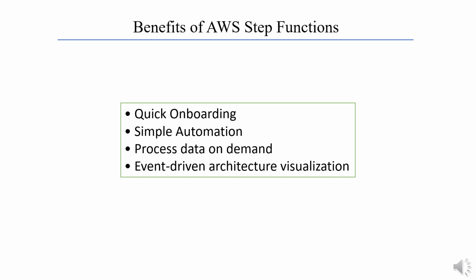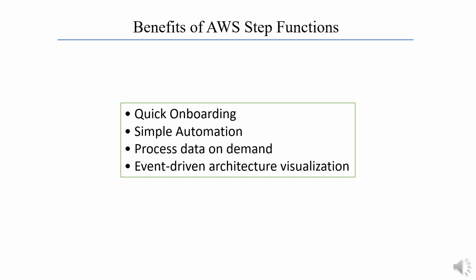Quick onboarding. You can start building quickly with Workflow Studio, a simple drag-and-drop interface for expressing complex business logic. Simple automation. You can automate workflows across over 220 AWS services without maintaining code.